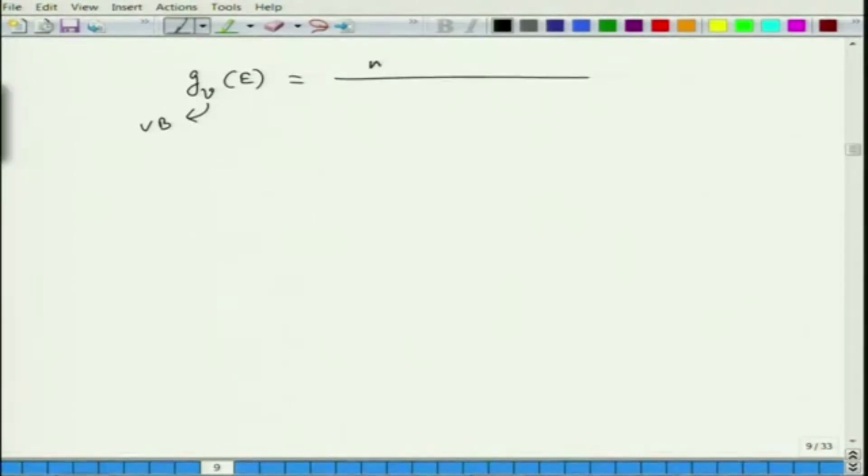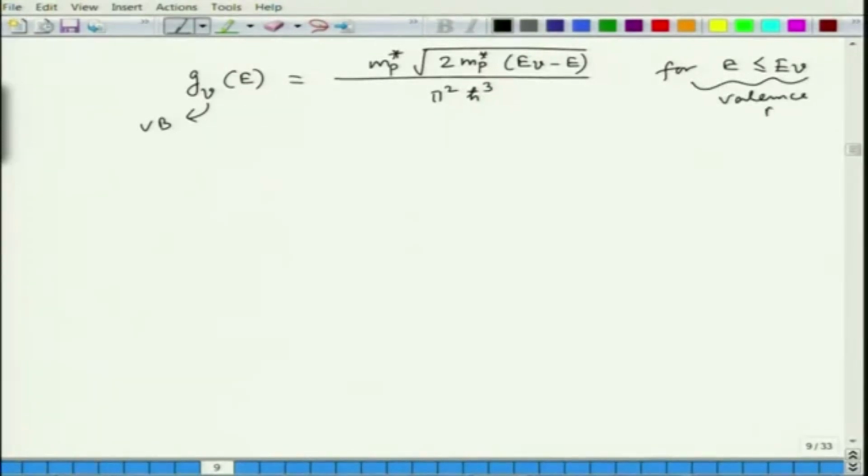We can write exactly a similar expression, but now we have it in terms of holes: 2 m p star, E V minus E, over pi squared h bar cubed, and this is for E less than or equal to E V. That means we are in the valence band, right, and m p star is the effective mass of hole.